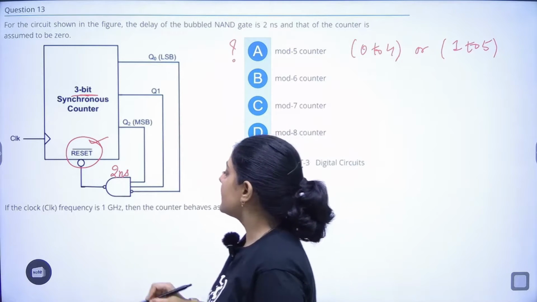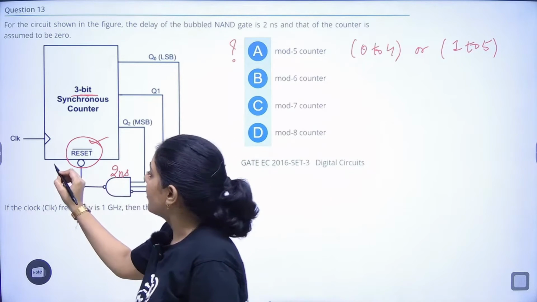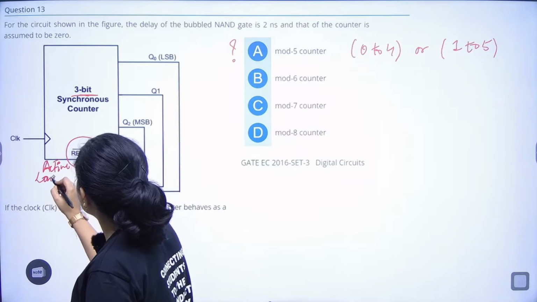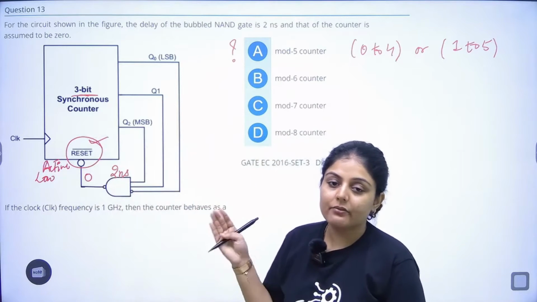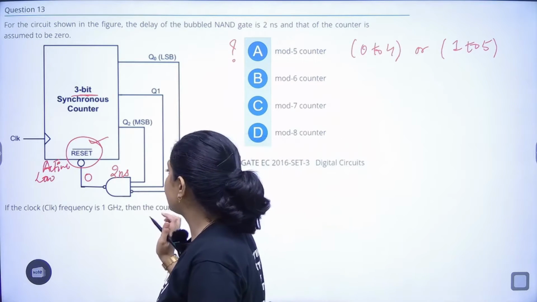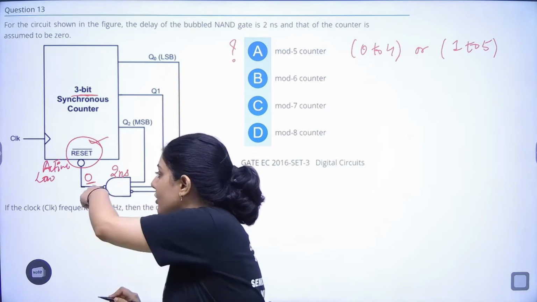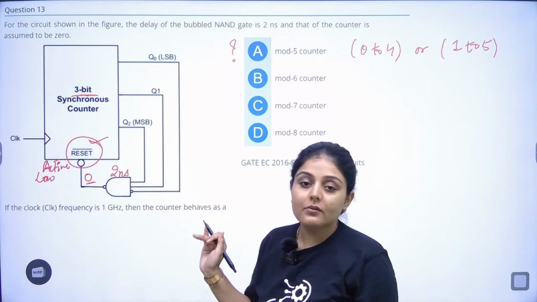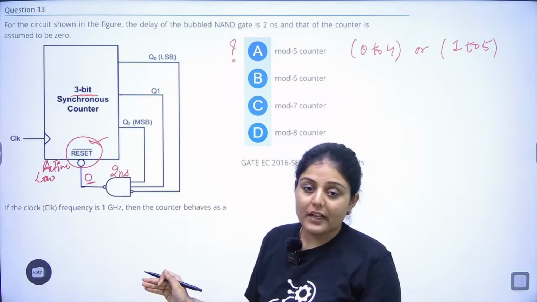Now this is a NAND, so reset is active low. Active low means whenever the output value is 0, it will reset itself to its initial state. Understood? So what input values should be there in order to give the output 0? Since this is a NAND gate, all the inputs should be 1 to give output 0.